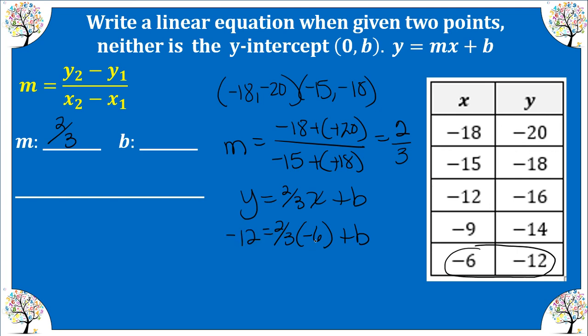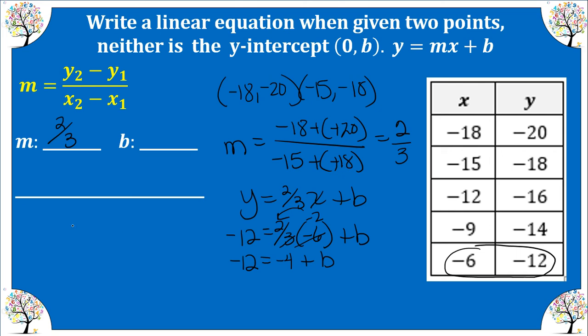So always make sure you plug in to the right spot. -12 equals, and again, you can use a calculator, but I can divide this nicely. 3 divides into -6, -2 times, and -2 times 2 is -4 plus b. But again, in your calculator, you could use the n over d feature and say 2 over 3 times -6.